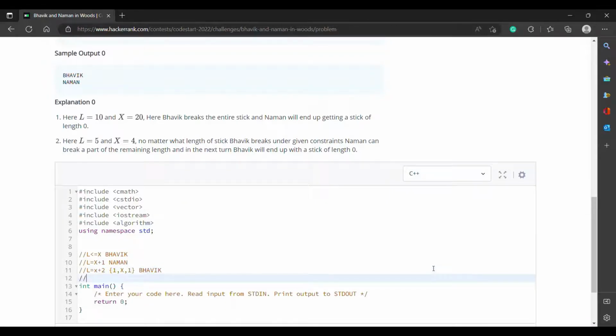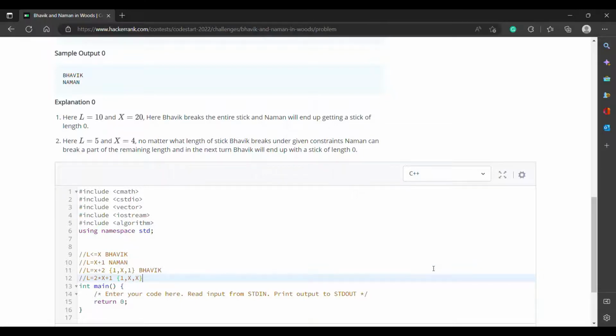And if the length of the stick is equal to 2 times x plus 1, now initially anyone can break any length. So let's say Bhavik breaks a stick of length 1. Then Naman can break length x and again Bhavik can break length x.